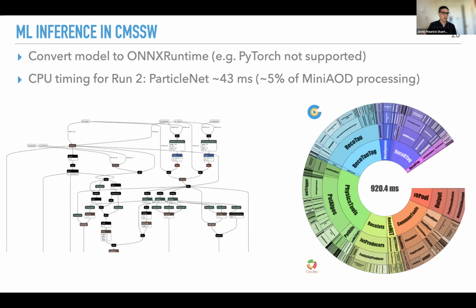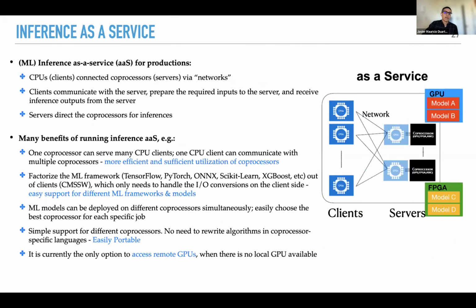So about 5% of the total MiniAOD processing. And of course, there are other networks that take up an even larger fraction. And more and more GNNs are being developed to replace different tasks. So this is quickly becoming a big fraction of the computing budget spent on deep learning inference.